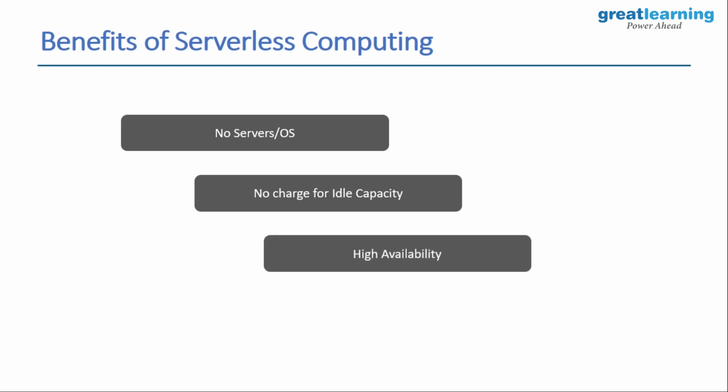High availability, yes. These platforms ensure, as I've mentioned already, that when you run that piece of code, only then you'll be using those resources, right? But what that ensures is whenever you run that piece of code, all these resources are made available to you. These Lambda functions or serverless computing codes run in a very short duration, okay?